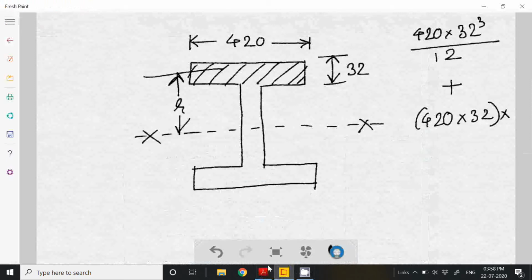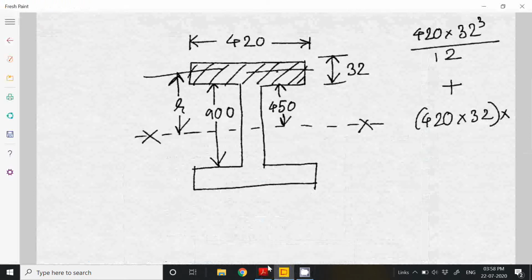This one is how much? This one is 900, isn't it? So this one will become 450. So 450 plus this one is 16. So 450 plus 16 whole squared. And we'll do it from both sides, from this side and from this side.